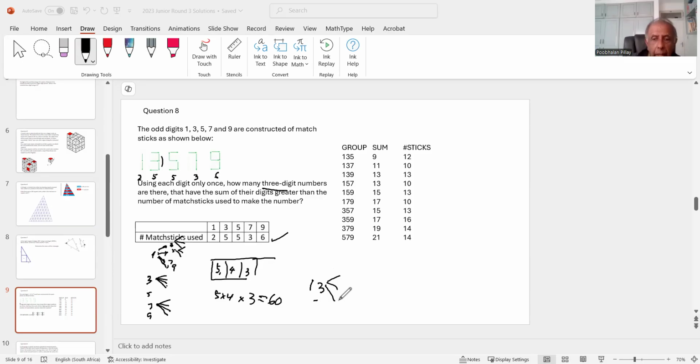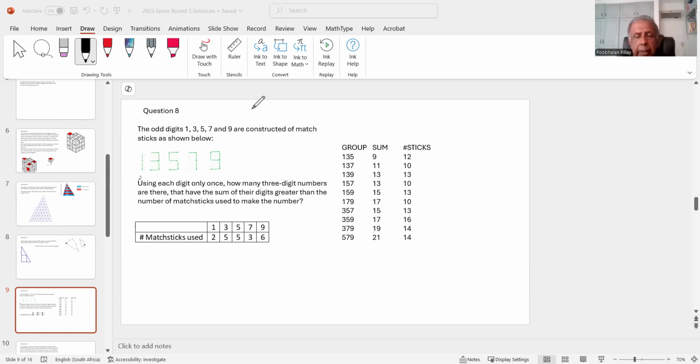Okay? All right. So that's the first thing. I'm just going to wipe that out because I don't have space. So there are 60 numbers. We can create 60 3-digit numbers from 1, 3, 5, 7, 9.